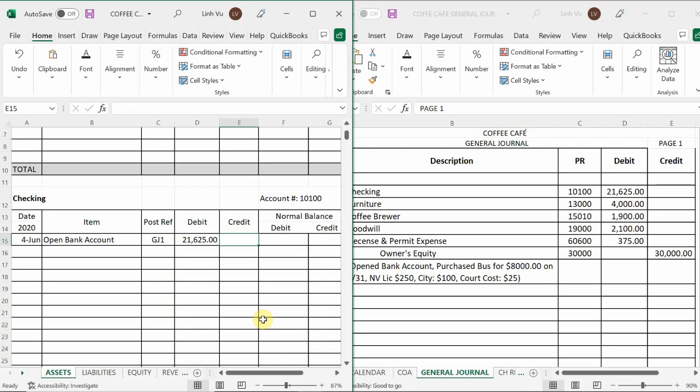If you started with 0 and you debit your account for $21,625, what does a debit do? Does it increase or decrease an account for assets? It increases, so that means it's going to increase to $21,625 in your checking account.